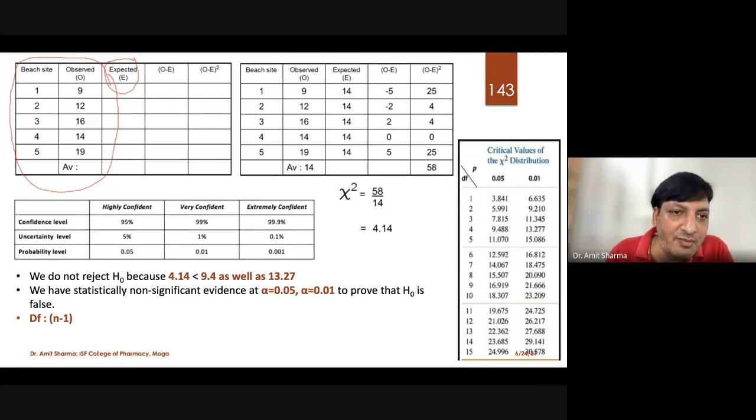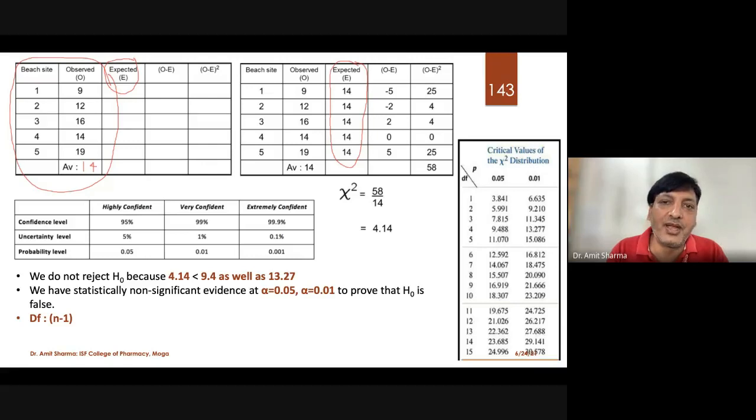So the average will be considered as the expected, and you can fill the expected value here. If the examiner has given the expected value, he will give the observed number of tourists in each beach: site 1 is 9, site 2 is 12, site 3 is 16, but the average is 14. He will write that as expected.